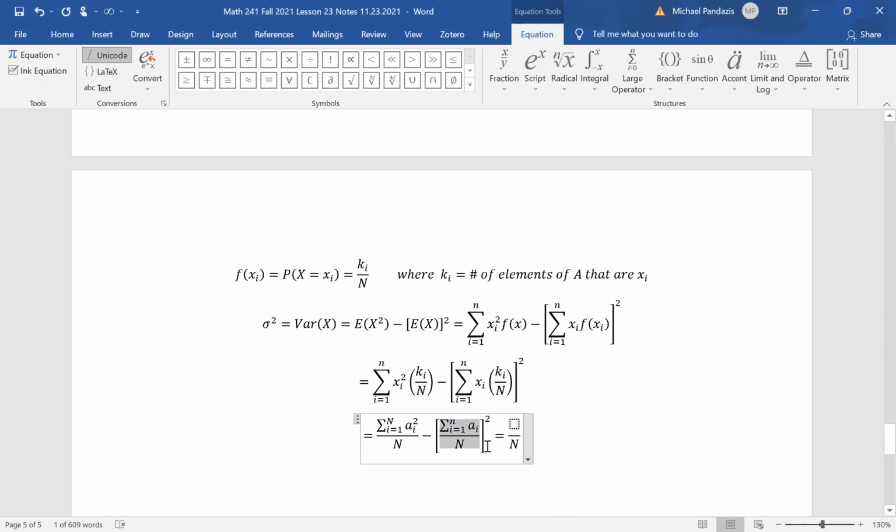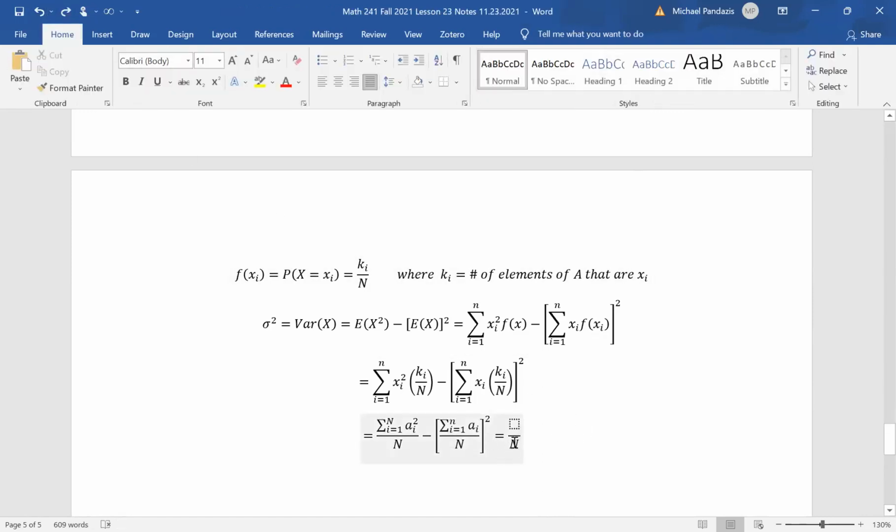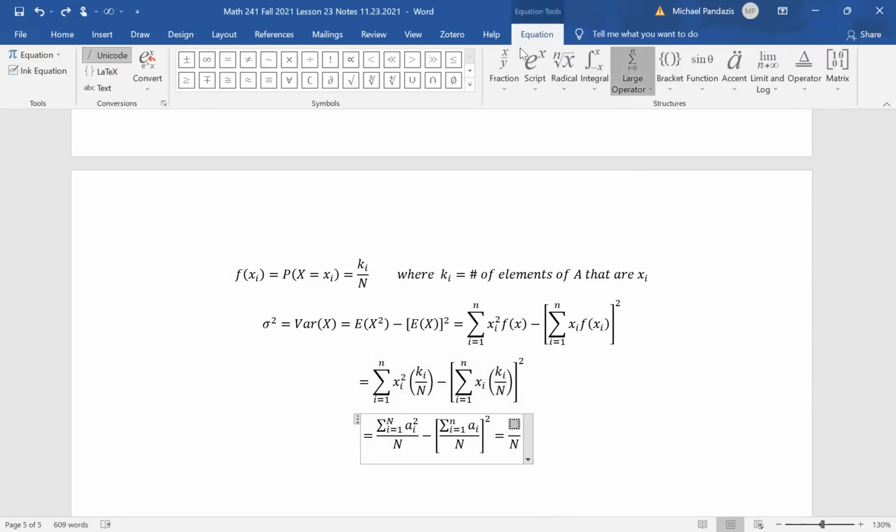Okay, and so then this is equal to the sum from I equals 1 to capital N of a sub I minus a bar squared.